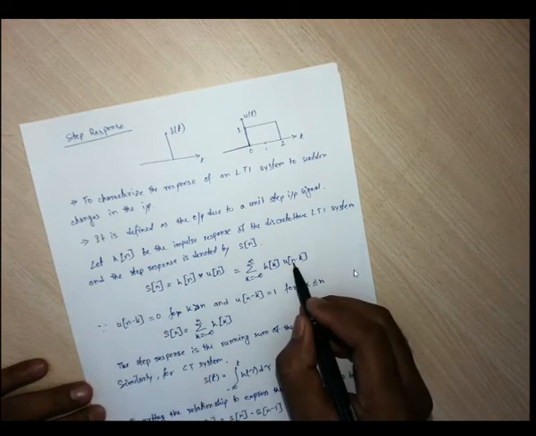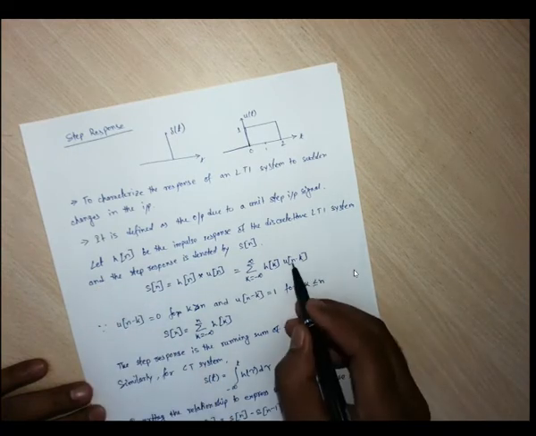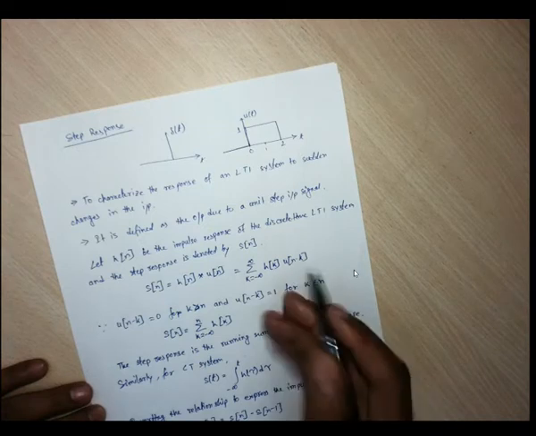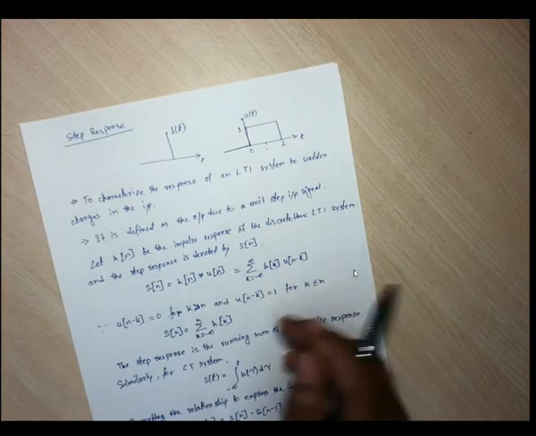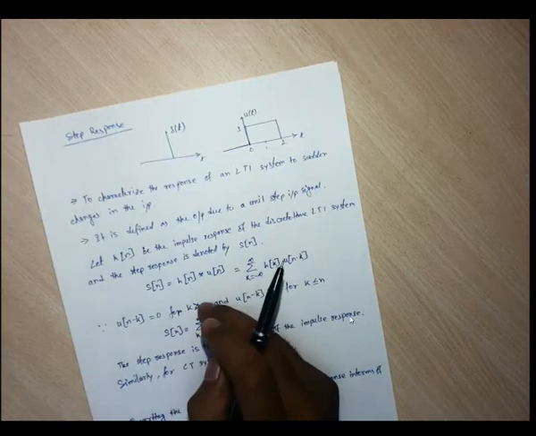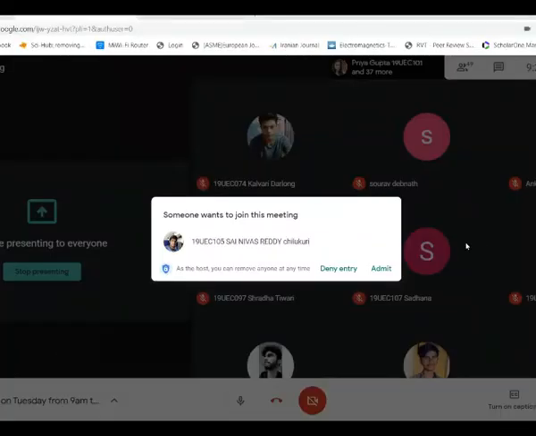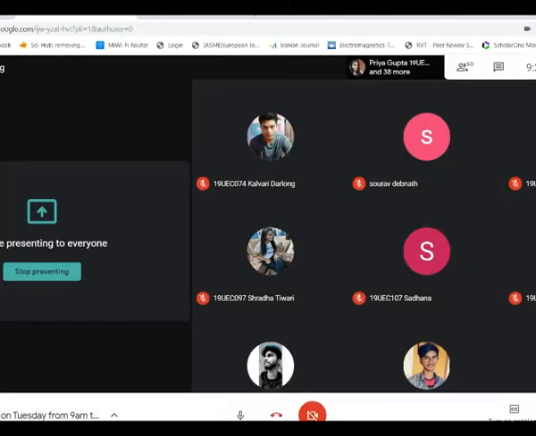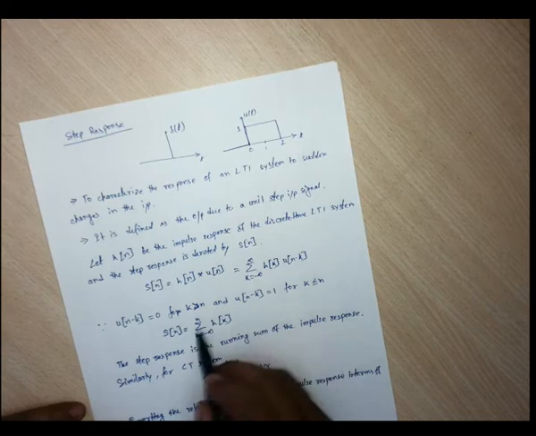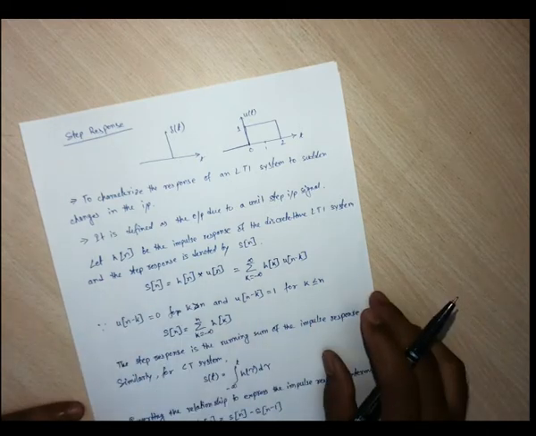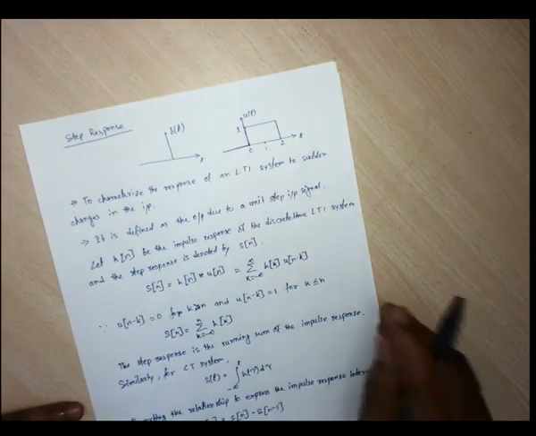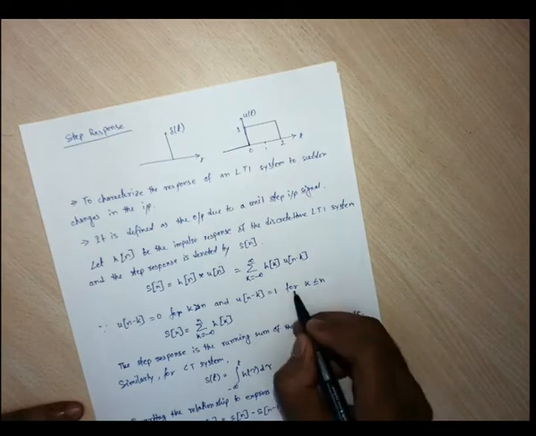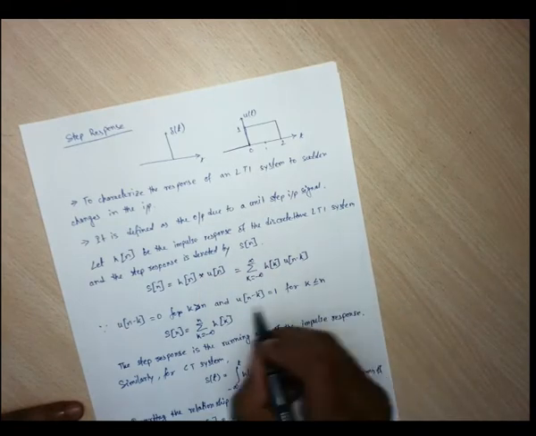So if n is 2 and k becomes 3, u of minus 1 is in the left hand side. So all of them will become 0 because they are in the left hand side, but we are considering the right hand side only.